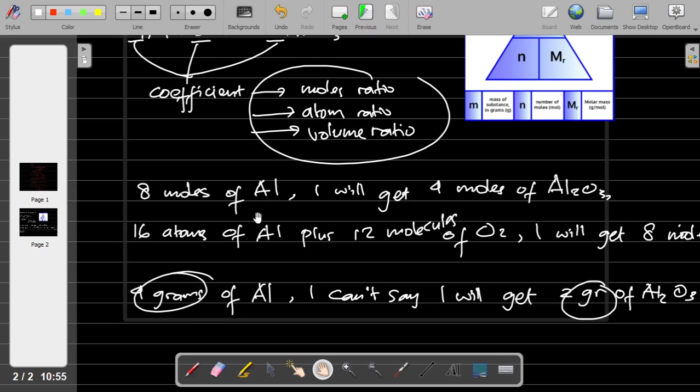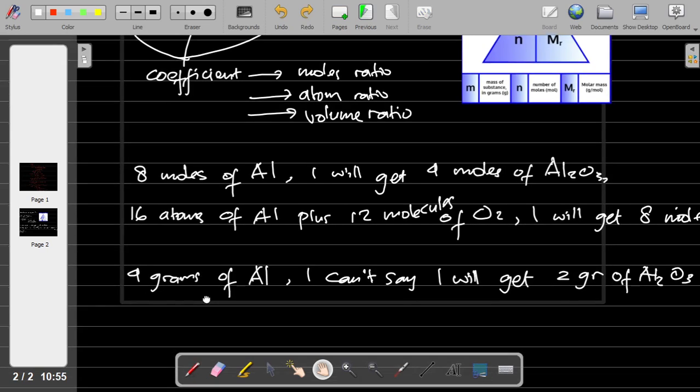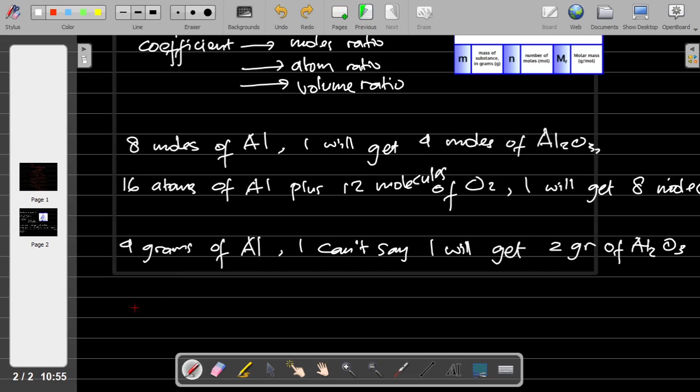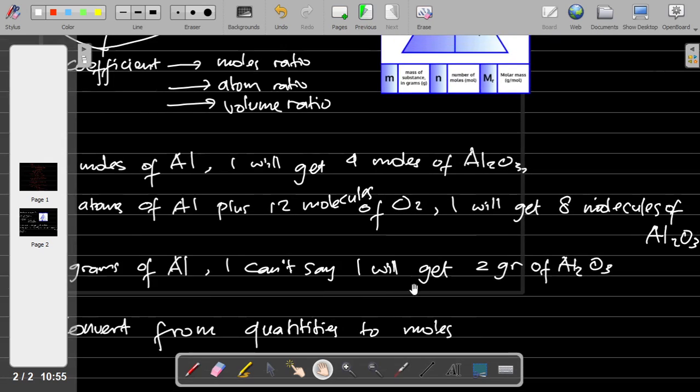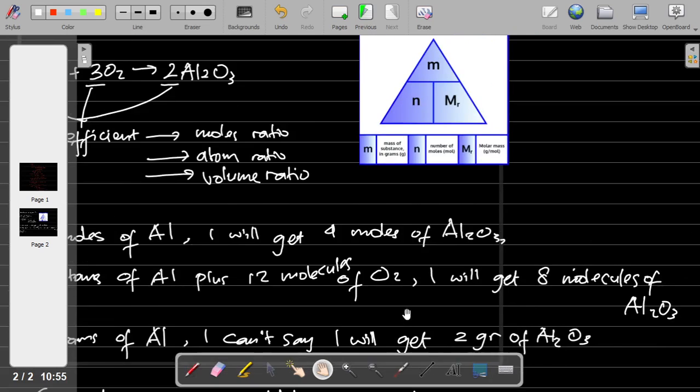So the only thing that we can do is convert, from quantity to moles. And we can use the correlation between quantities and moles by using this equation.